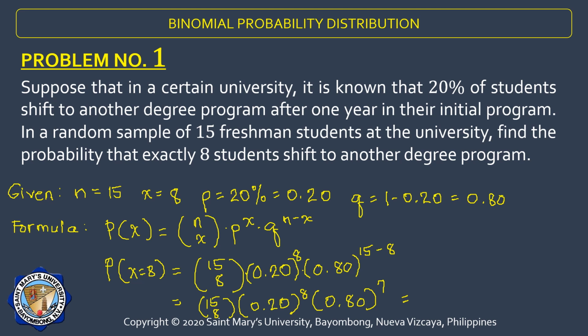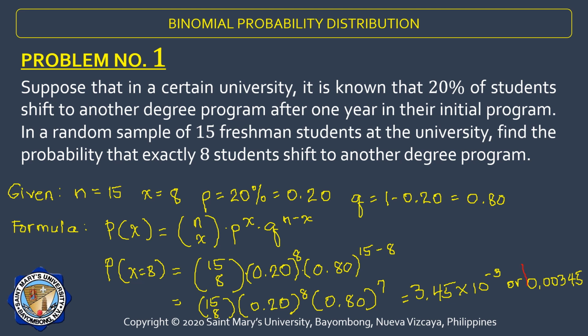So we have 15 combination of 8 times 0.20 raised to 8 times 0.80 raised to 7 equals 3.45 times 10 to the negative 3, or in decimals 0.00345.